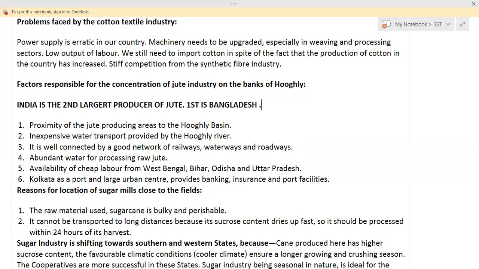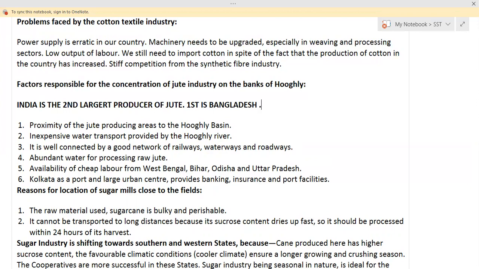But second is still India, because India has West Bengal, which is also producing a very good amount of jute, and it is on the basin of the Hooghly River.